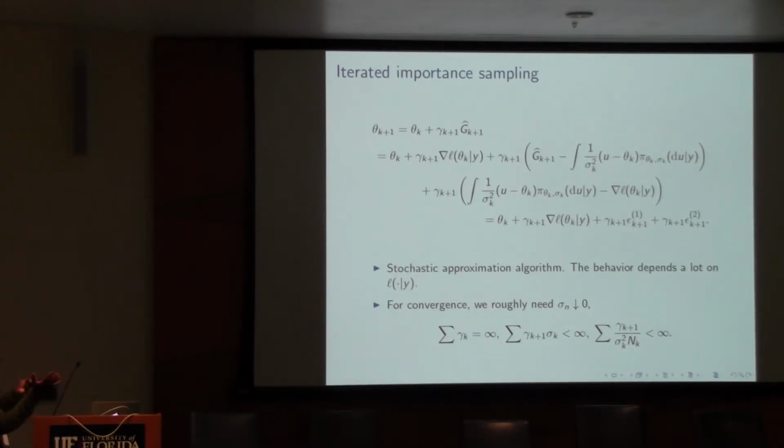Then we use some standard kind of bounded-space stochastic approximation ideas to describe a little bit what the behavior of theta k could be. The behavior will depend a lot on the function L, obviously. For example, in a very simple case, if you're dealing with a log likelihood that is, say, strongly concave, you could get much simpler, much nicer results for these kinds of schemes.